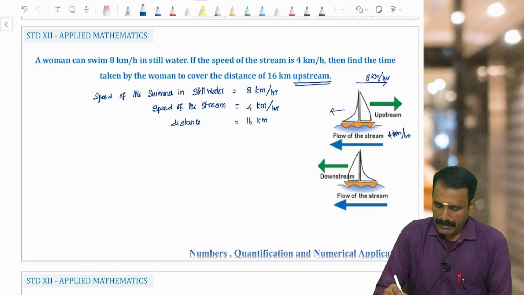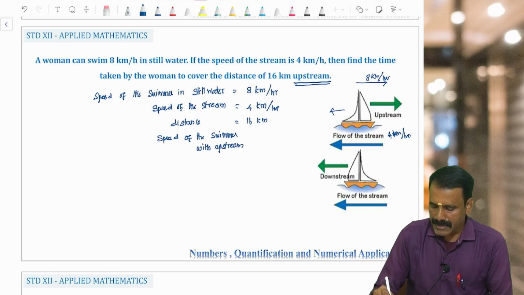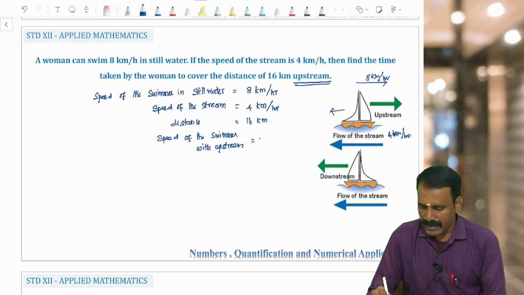Now, the time taken. So speed of the swimmer in upstream, it is taken as V, that is equal to 8 minus 4, that is equal to 4 km.